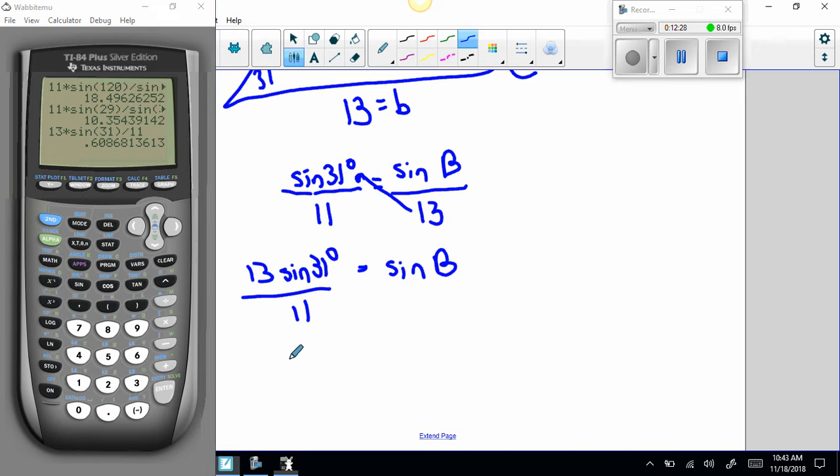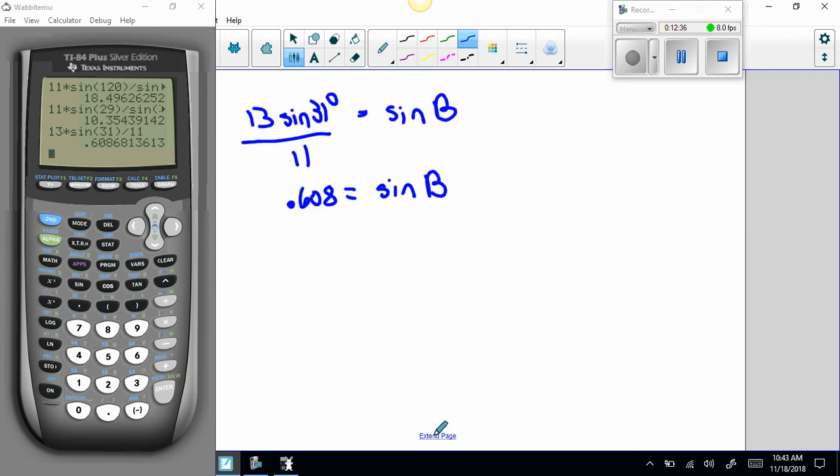And I get 0.608, but don't lose your decimals. Now, we know sine looks like this, and there's two answers before 180, therefore both of the answers could be possible.